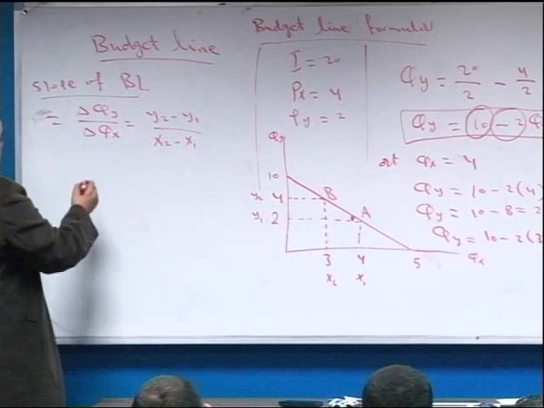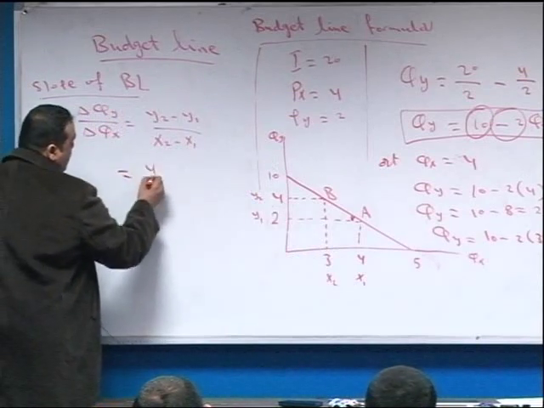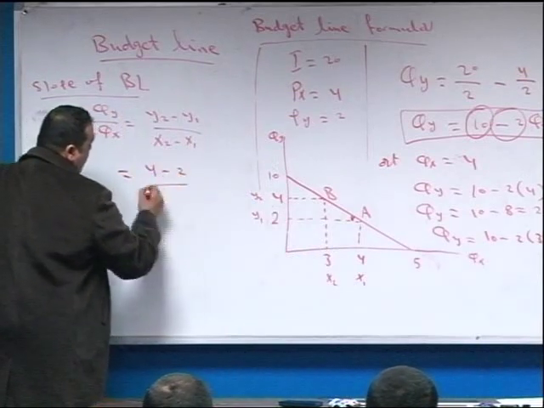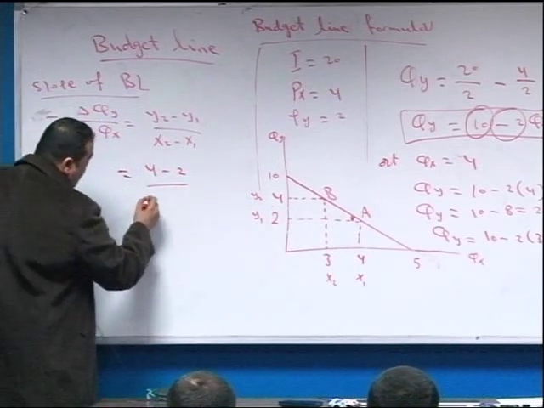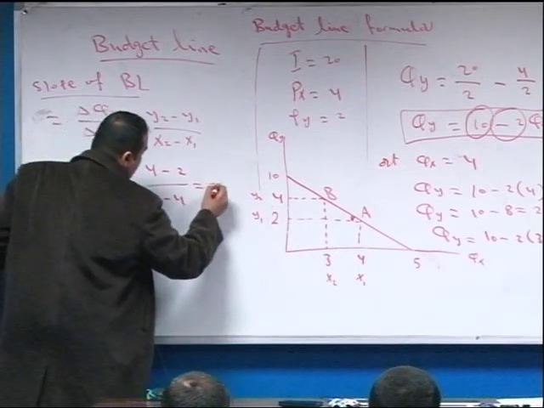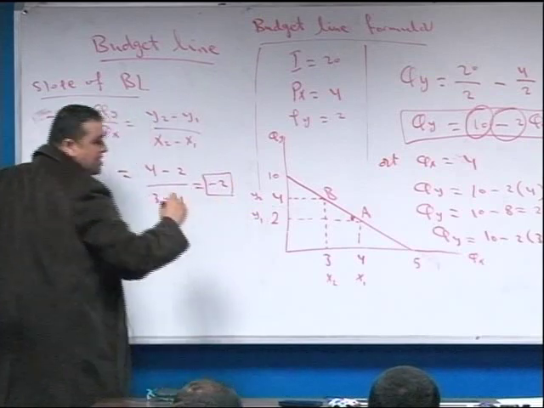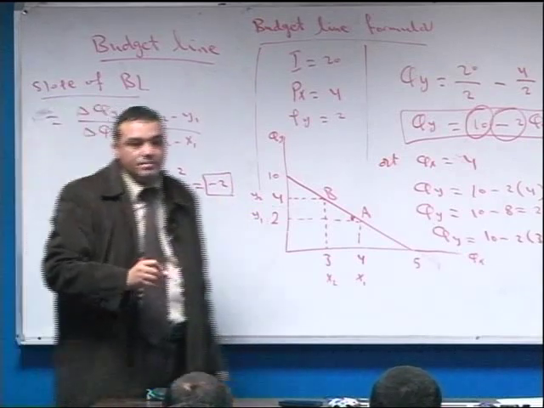So Y2, 4, minus Y1, 2, over X2, 3, minus 4, minus 2. This is the slope of the budget line.